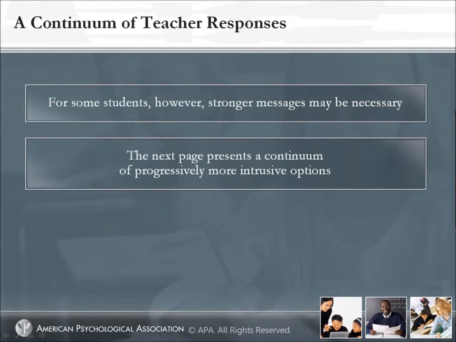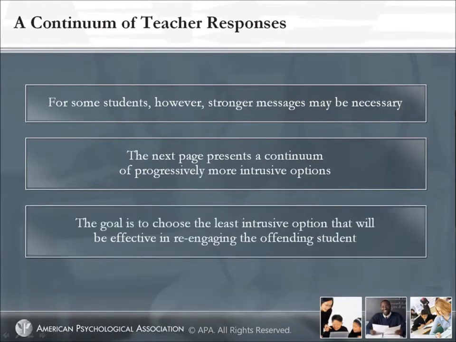As misbehavior continues, unaffected by prevention, the list presents a continuum of progressively more intrusive options. Since more intrusive strategies will disrupt the lesson to a greater extent, however, the goal is to choose the least intrusive option that will be effective in re-engaging the offending student. As the teacher, you can begin with the use of praise for appropriate behavior or praise coupled with ignoring.